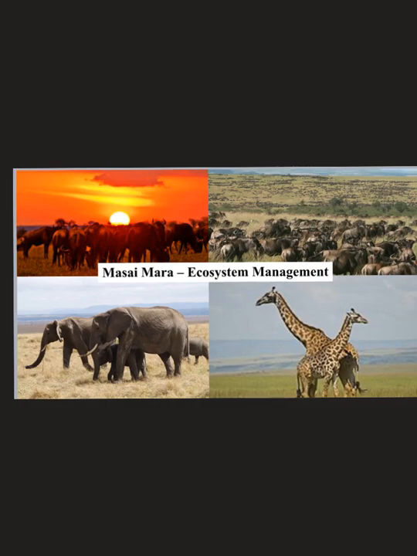Your syllabus states you need to know the management of environmental resources and the effects of human activities, to include how ecosystems can be managed to balance the conflict between conservation, preservation, and human needs. And this first example is in the Masai Mara region in Kenya.